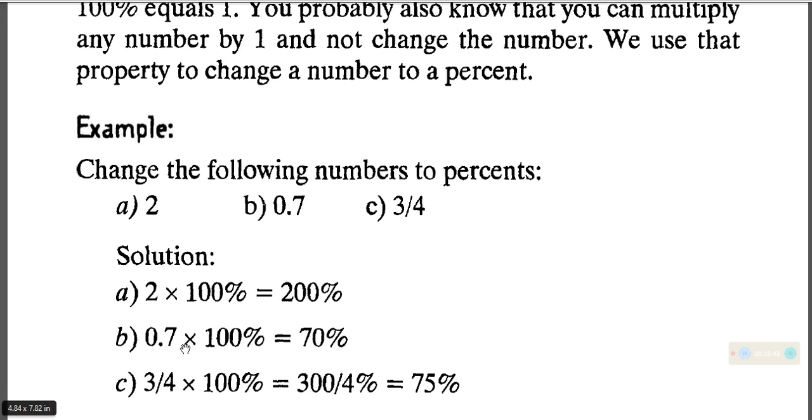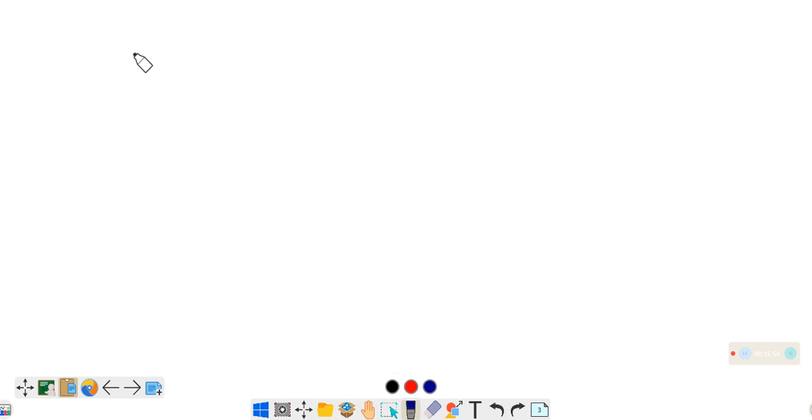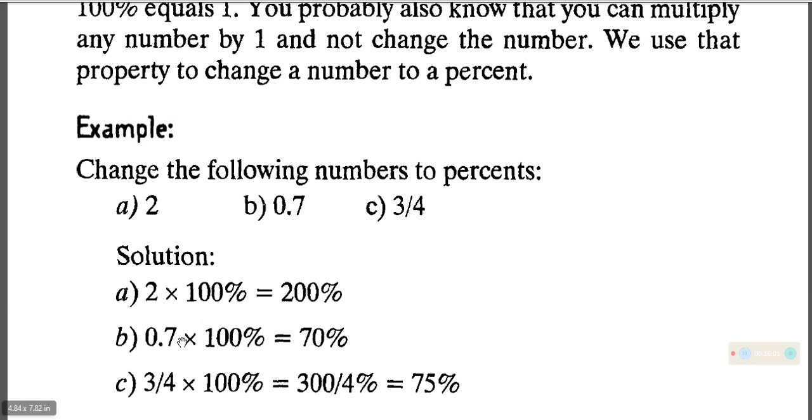So, dito, you have to move your decimal point 2 units to the right naman. Kung yung kanina, pag nagde-divide tayo ay 2 units to the left, pag nagta-times naman tayo, 2 units to the right. So, we have 1, 2, meron na tayong 70. Pakita ko nga.